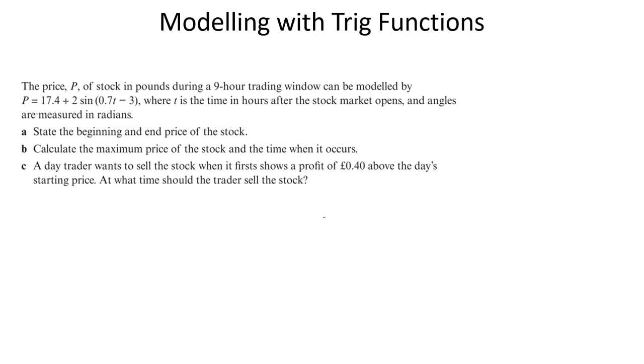Hello, and this time I'm looking at a couple of exam style questions where it's in a context. That's why it's sort of modelling, but the equations involve trigonometric functions. So we've got to use some trigonometry that I've done in some previous videos: trigonometric identities like the double angle and the addition identities, maybe simplifying a cos x + b sin x into sine of something plus something.